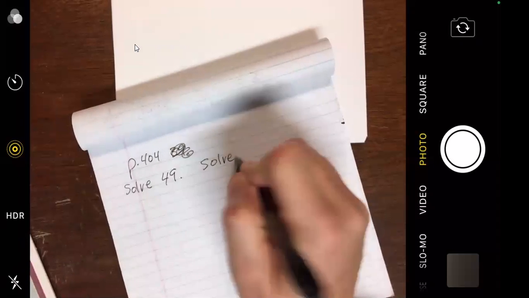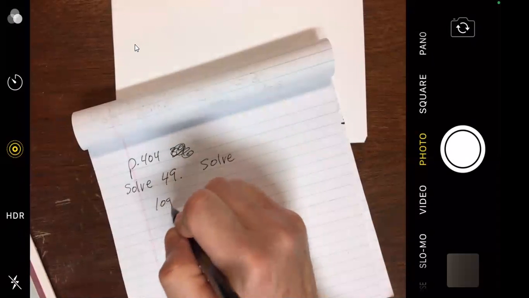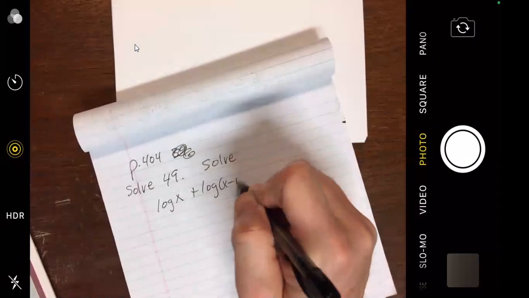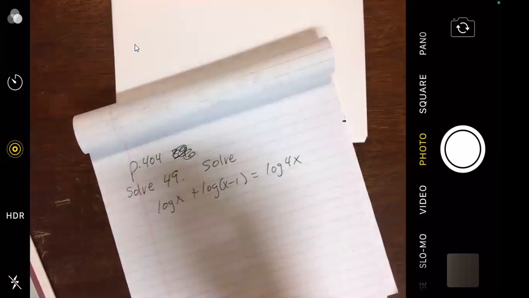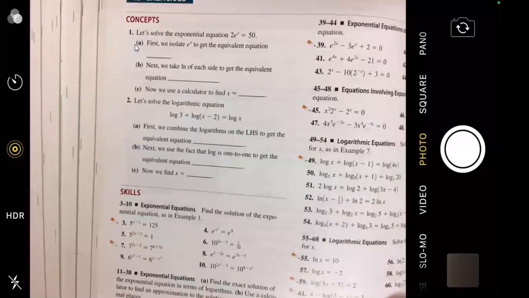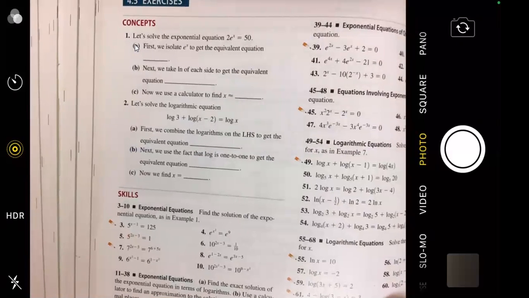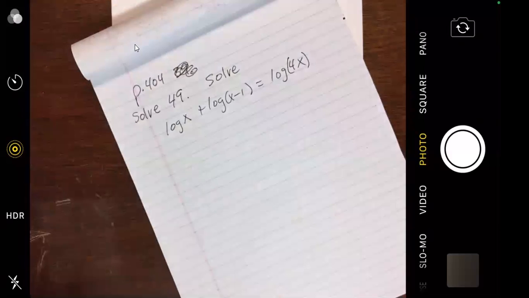Solve log of x plus log of x minus 1 equals log of 4x. All right, we got to use laws of logs here.